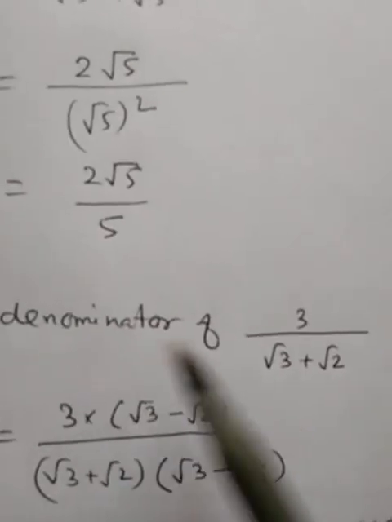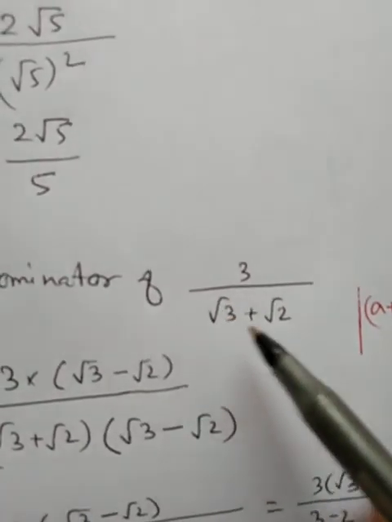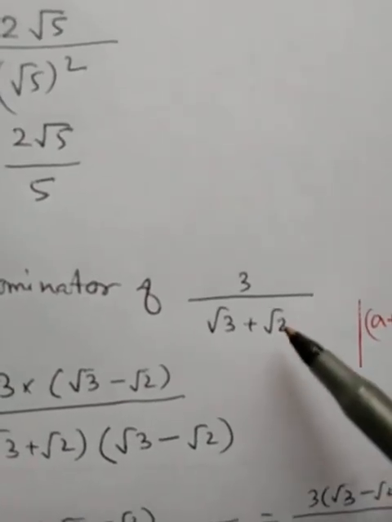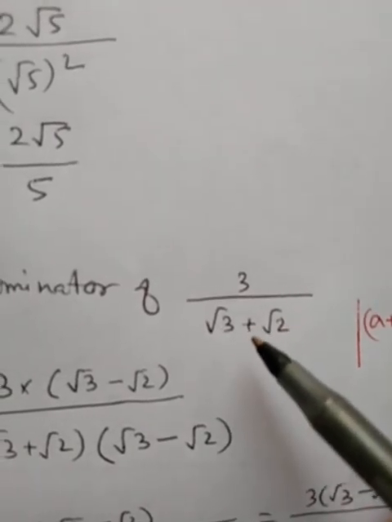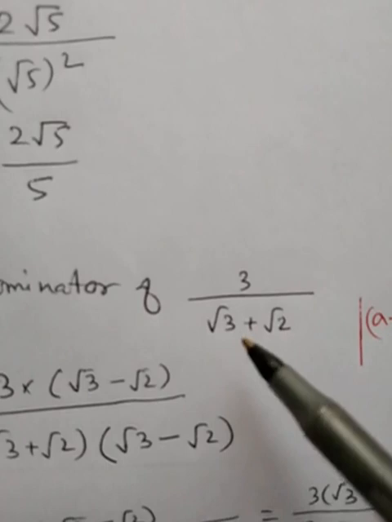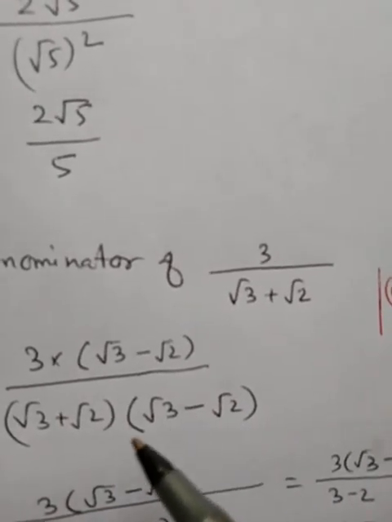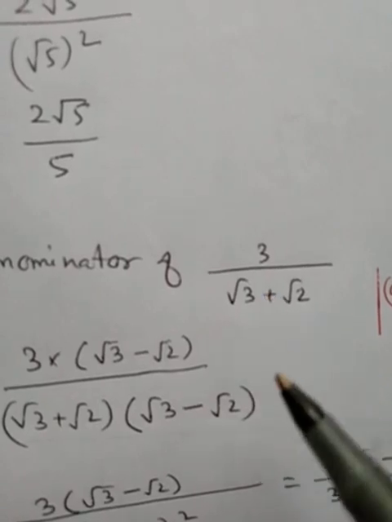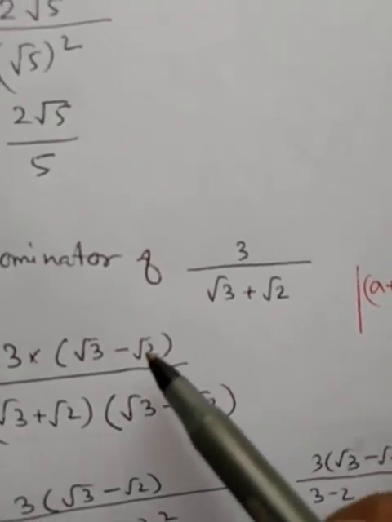Finally, in this type of sum we have to remember that along with the denominator we have to multiply with the same term but opposite signs. If plus is given, we will multiply with the same term with minus, and if minus is given, then we will multiply with the same term but the sign should be plus.